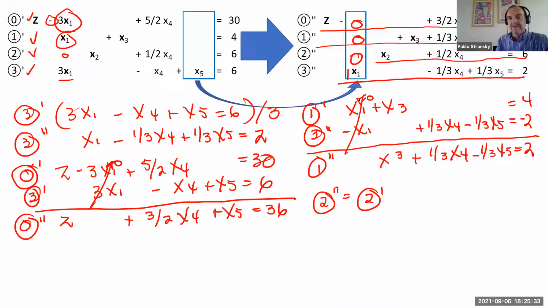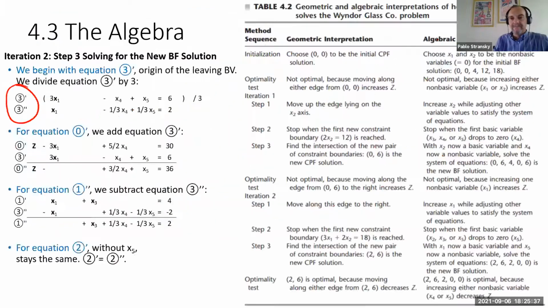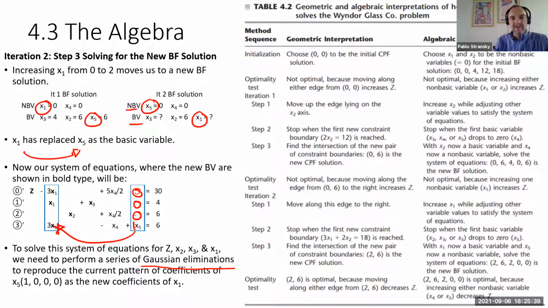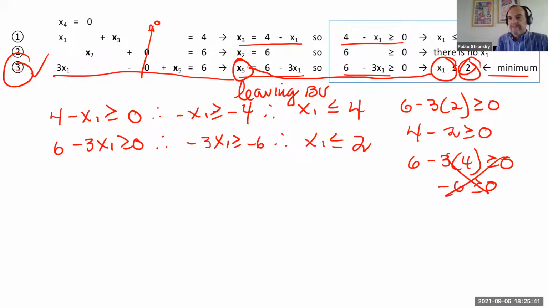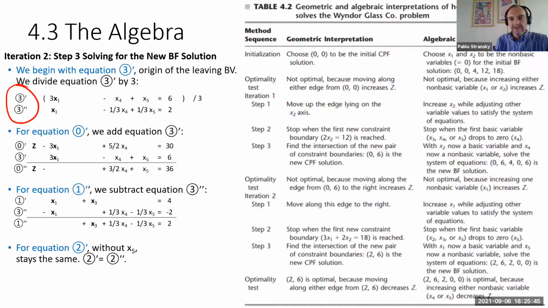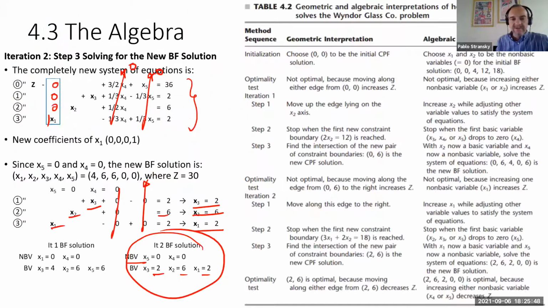And this is correct because when we did this before, my minimum for x1 was 2. So of course, here it should also be 2, okay?